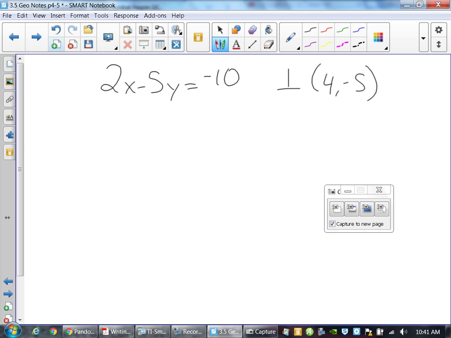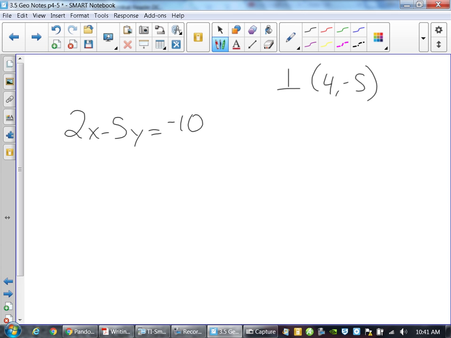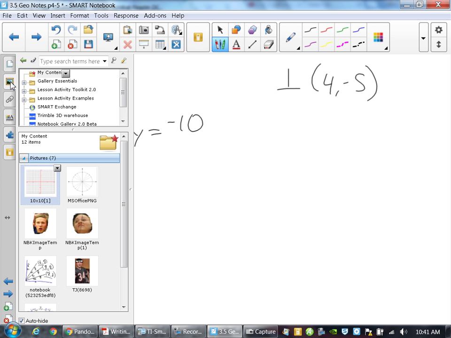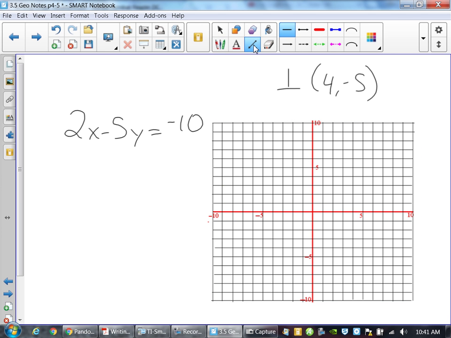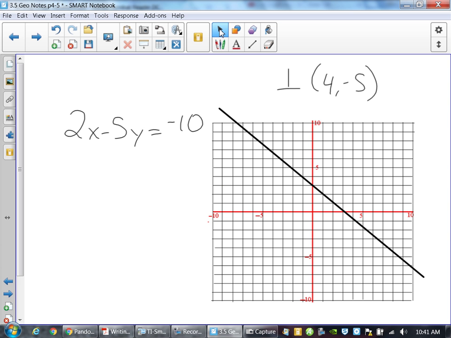One of the main reasons we use it in Algebra 2, and you don't have to write all this down, is if I'm looking at a graph and I'm just some line, as I cross the x and the y intercepts, the y axis.